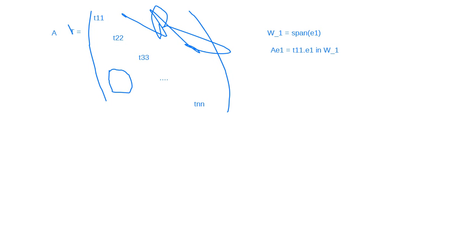And now we take W2 to be the span of E1, E2. Then notice that A times E2 is T22 times E2 plus some stuff times E1, and A times E1, we already know is in W1, which is contained in W2.